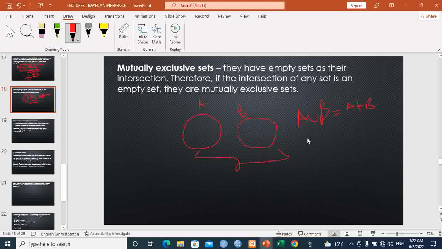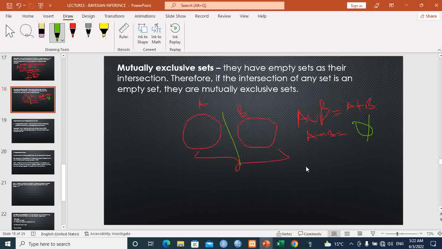And what is their intersection? A intersection B is equal to, no, it is interesting to say A anyway. The intersection will be a null set because they are not touching each other.